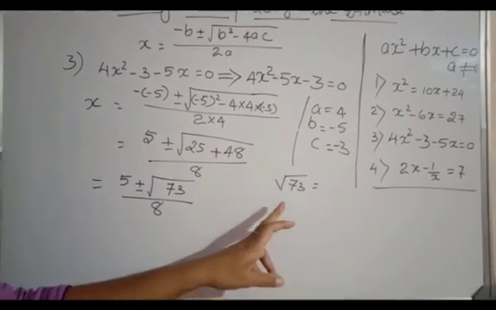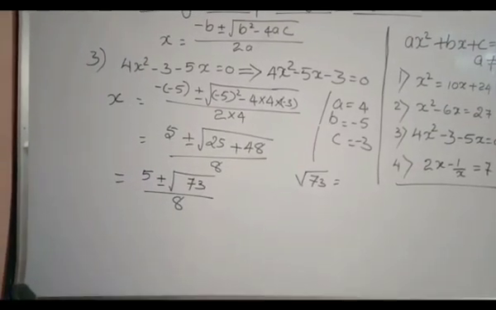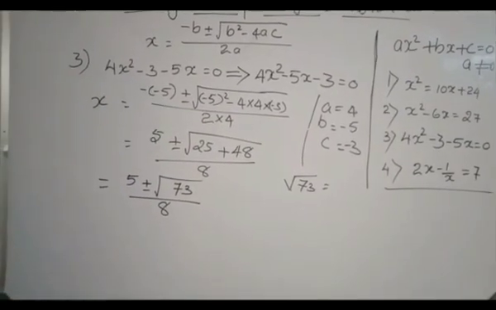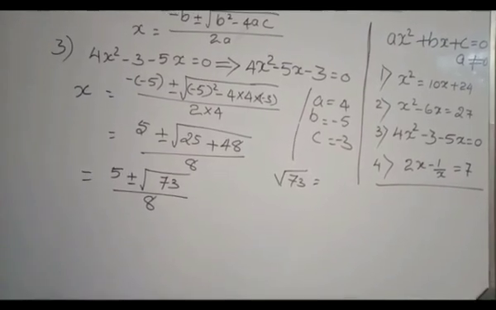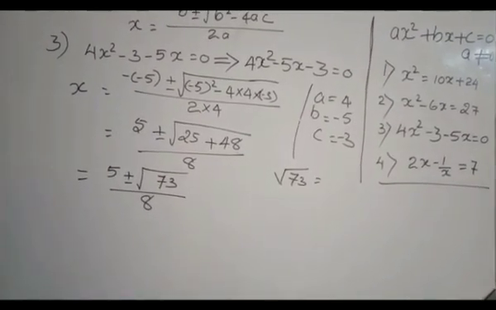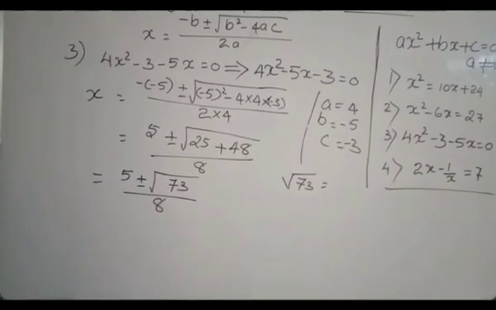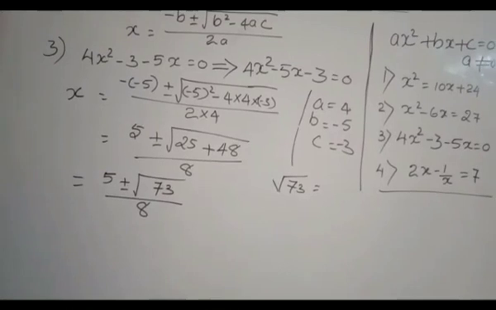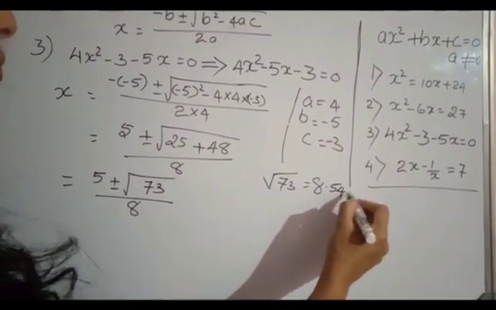So you will have to find the value of root 73 either by using the square root table or by the division method. You will have to find the square root by the division method. In some other class I'll explain how to find the square root by the division method. Now from the table we can just write the value of the square root of 73 as 8.544.